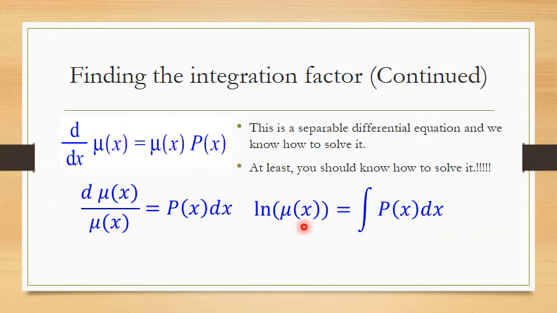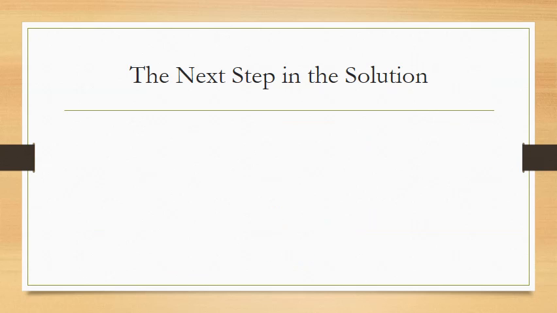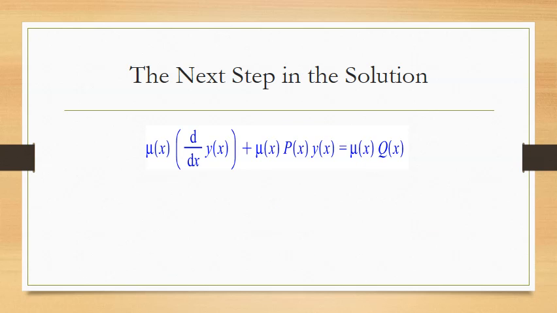Now I want to get rid of the logarithm to find mu. So here is my integrating factor. All I have to do is integrate the function p of x dx and then put it in the exponential function as the exponent, and I have an integrating factor.